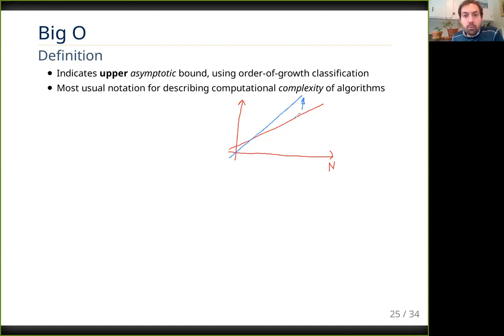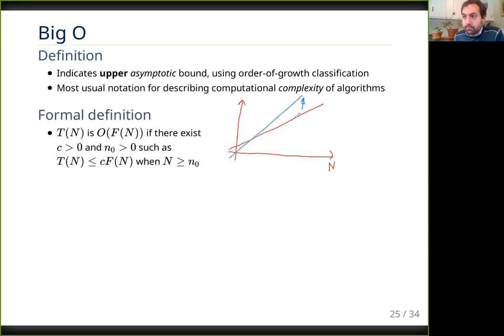Here's the formal definition to help you understand a little bit more. So the red line here would be T of n. That's the function we're trying to describe a little bit better. That's the running time of a certain algorithm. And here, the blue line is essentially f of n.